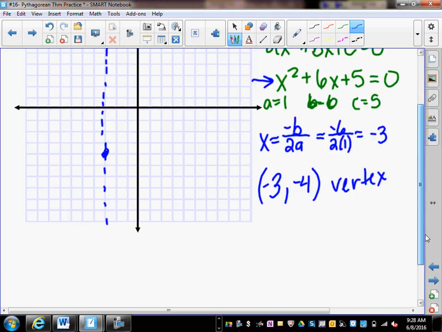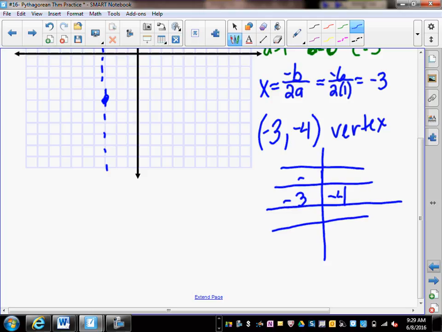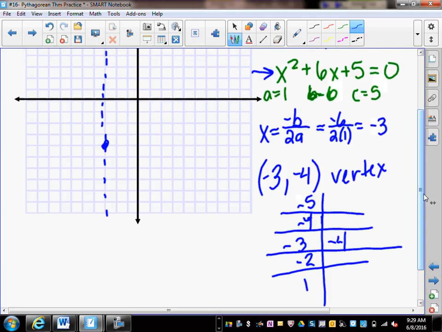And then let's set up our table. Negative 3, negative 4. 2 directly before, 2 directly afterwards. So let's do negative 4, negative 5, negative 2, and negative 1. Okay. So when I punch in negative 4, you should get negative 3.